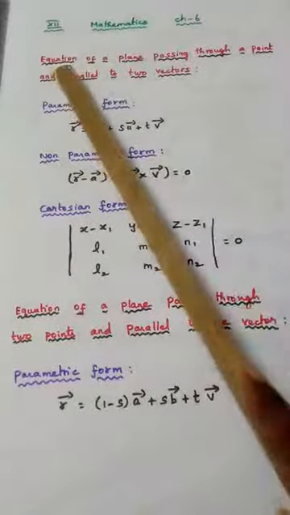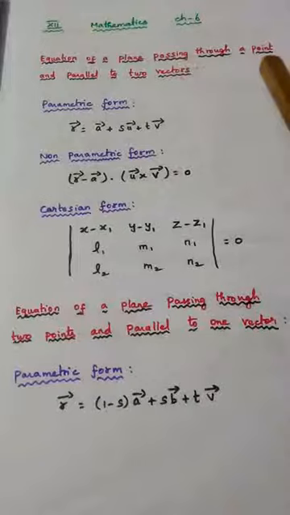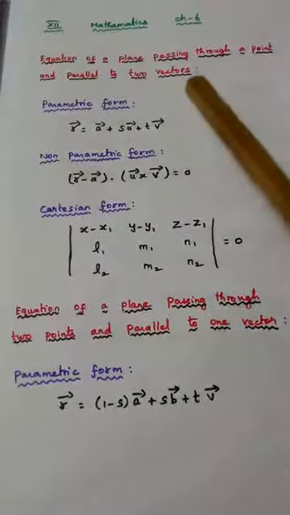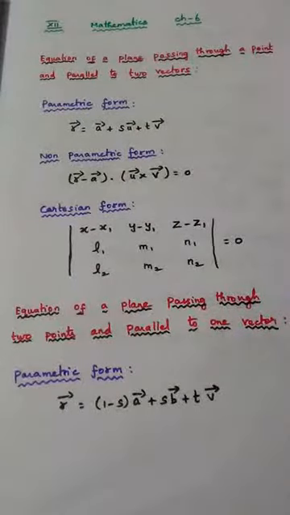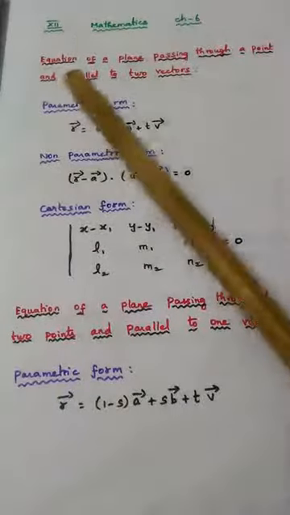The heading is equation of a plane passing through a point and parallel to two vectors. In this class we are going to discuss three headings, out of which the first heading is this. All three headings are nothing but finding the equation of a plane.